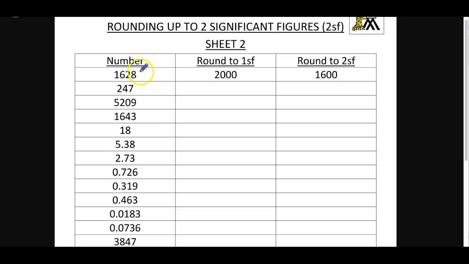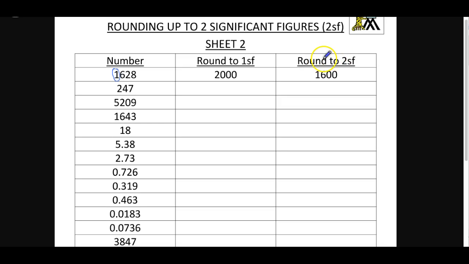So the number 1,628, if we were doing it to 1 significant figure, we need to look at the first number, which is 1. The number next to it determines whether it rounds, and it does. It has to round up because it's a number that is greater than 5. So that's why it's rounded to 2,000.